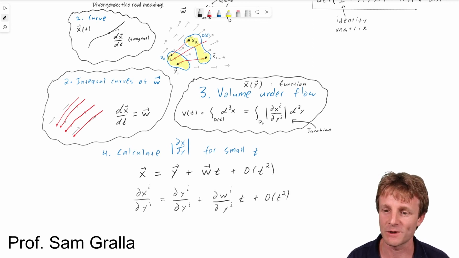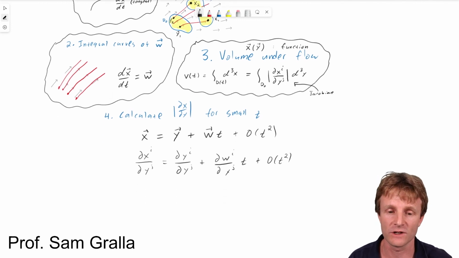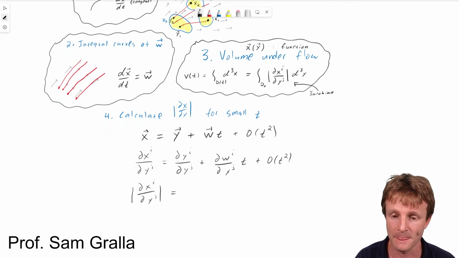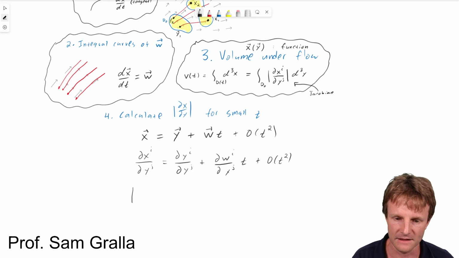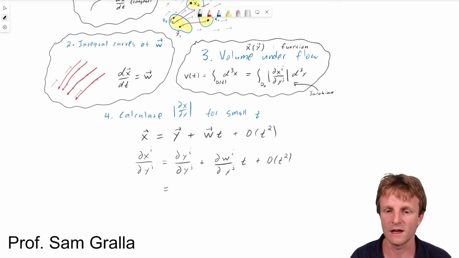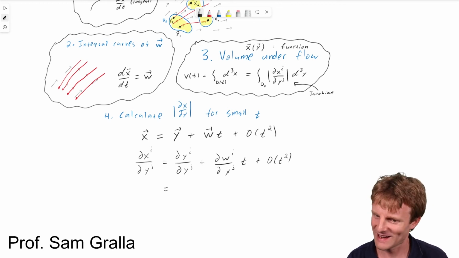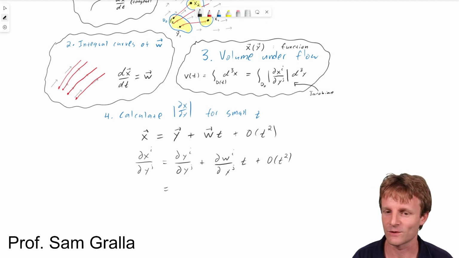Okay, so that's our Jacobian matrix. Now we need the determinant of the Jacobian matrix. First, we should note that this first thing here, dy_i/dy_j, if i equals j, that's just 1. And if i is not equal to j, we're taking the derivative of something with respect to something independent, and so it's 0.